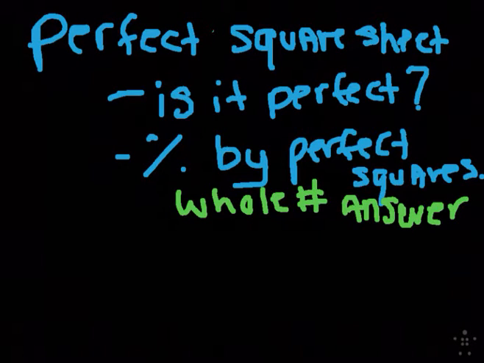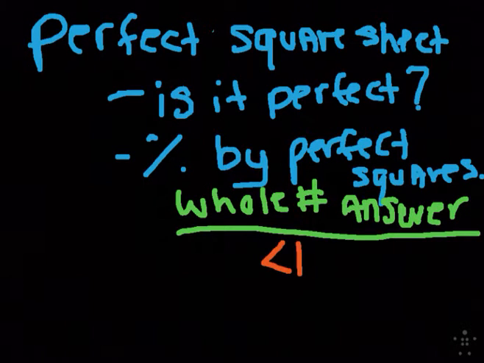And your goal is to get a whole number answer out. Now, when you get that whole number answer, you want to try to get a number that is less than 10. If it is not less than 10, then keep trying higher numbers to see if you can find a larger perfect square. Sometimes you will, but sometimes you won't.